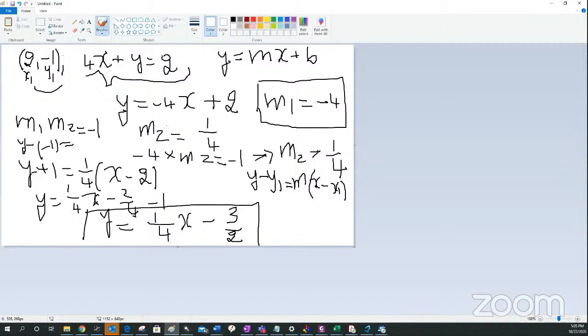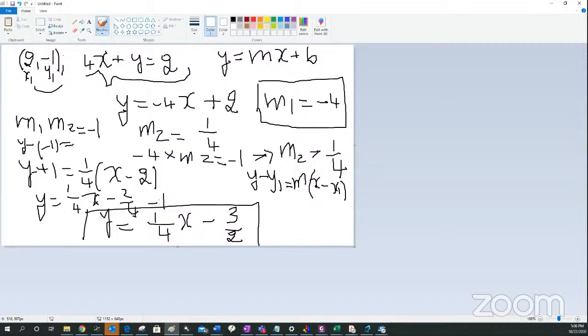So you have y plus one equal to 1/4 factor x minus two. So plus one here, I put negative one and negative one goes on the other side. So this one becomes y equals 1/4 x, 1/4 times negative 2, that will give you minus 2 over 4, minus negative 1, right?